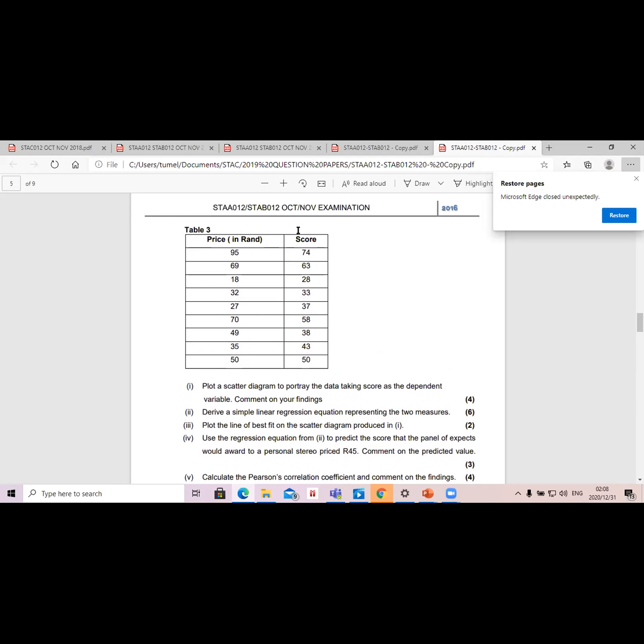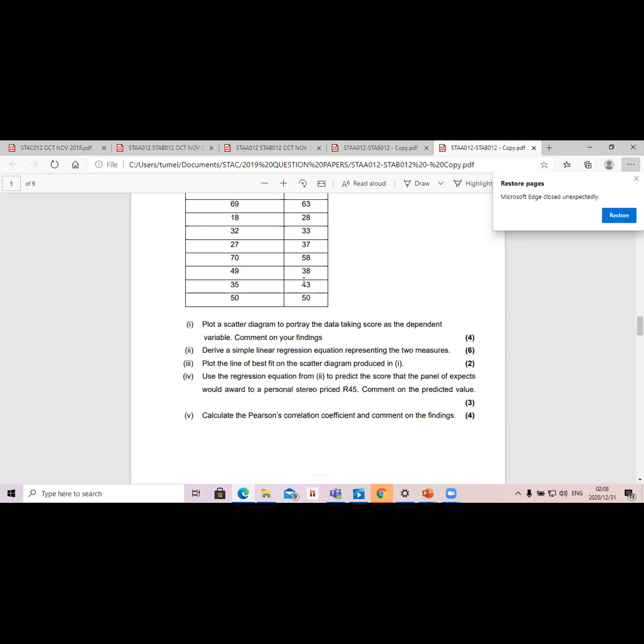So you need to identify the dependent and independent variables here so that you can get the correct answers. And then the approach to the simple linear regression equation is the same as the one I taught you. Plot the line of best fit on the scatter diagram. I'm not going to teach you this one because you are not going to draw anything since you are writing multiple choice questions.